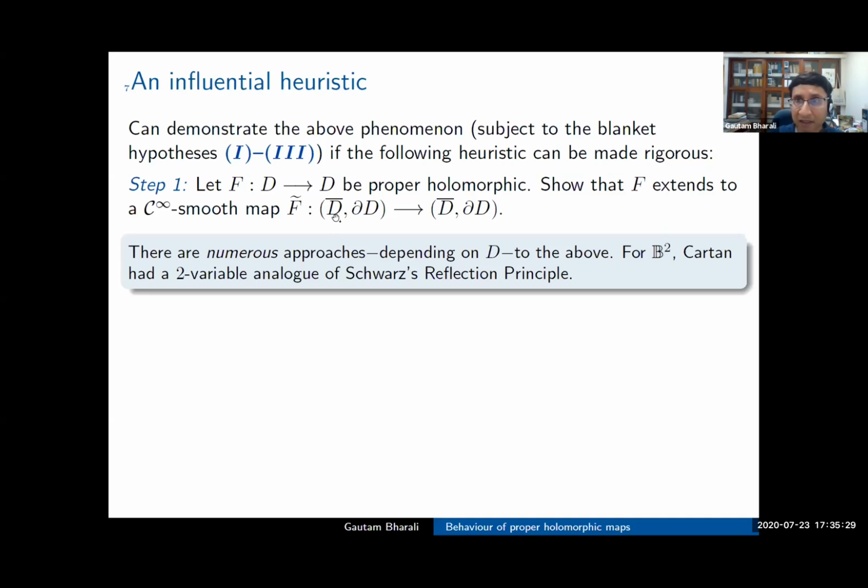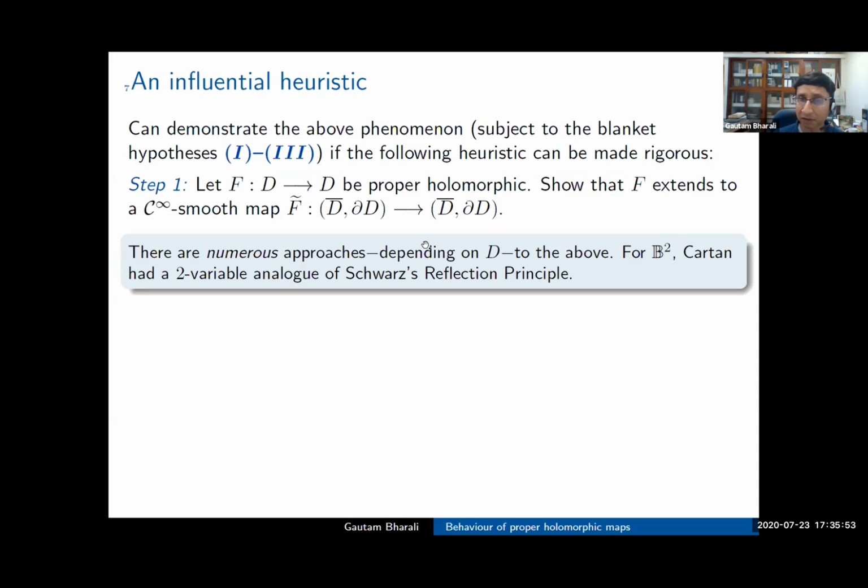But I am in fact saying, let step 1 be to show smooth extension. But paradoxically, while the circumstances in which one can prove step 1 seem very challenging, there are numerous approaches and numerous results in this area.